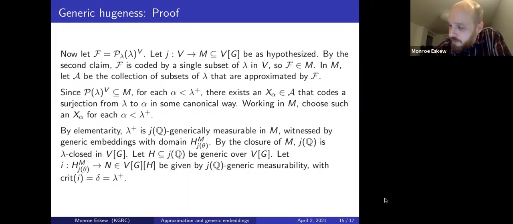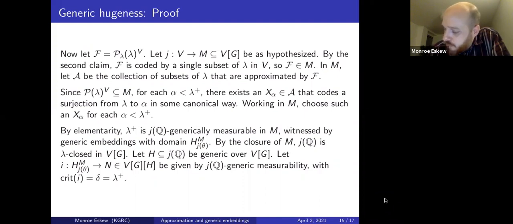M doesn't really know, there might be many subsets of lambda plus that M doesn't have, but we can get at enough of it with this approximation property. So this is what allowed the degree of Hugeness to be lowered.